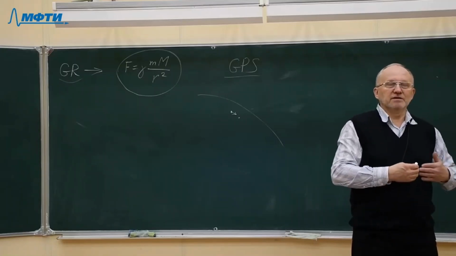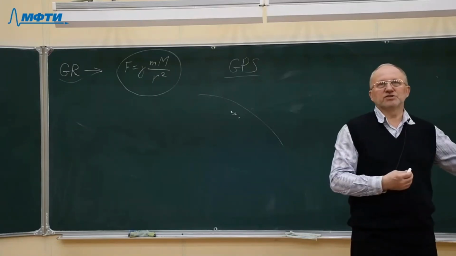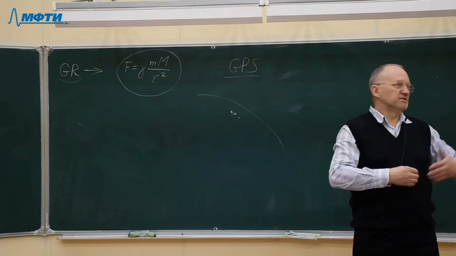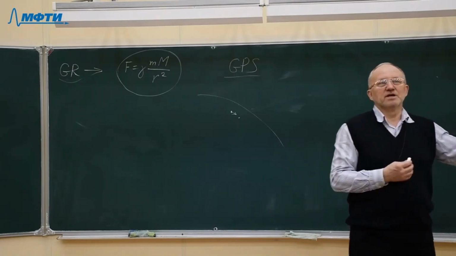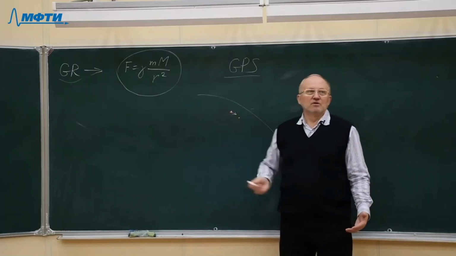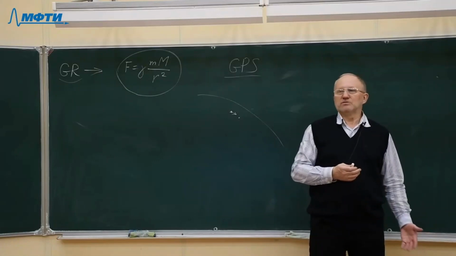It increases every day and becomes larger and larger. And from dozens of meters, it becomes hundreds of meters, and then it will become kilometers. So is it acceptable to determine the coordinates with a mistake of a few kilometers? No, it's absolutely unacceptable.